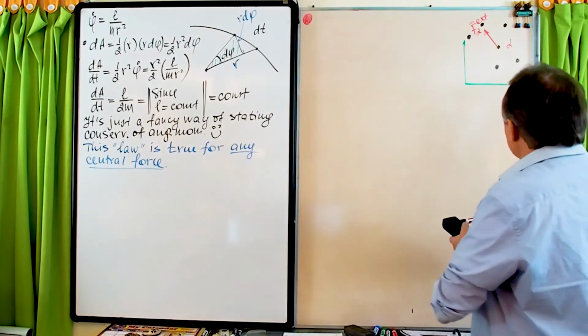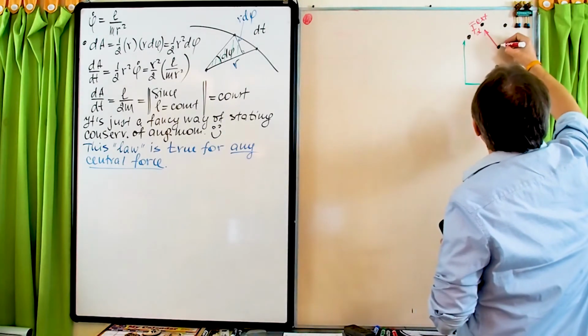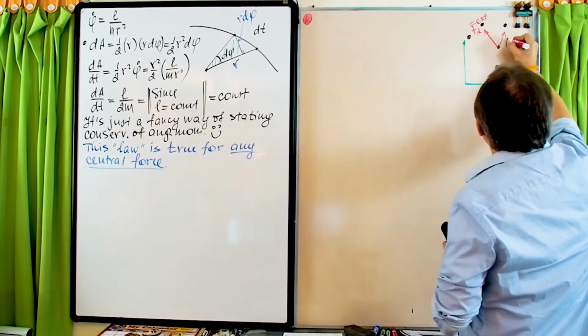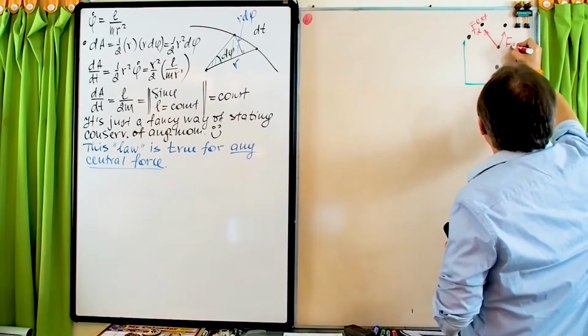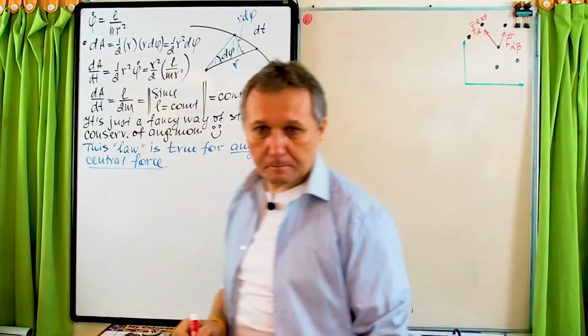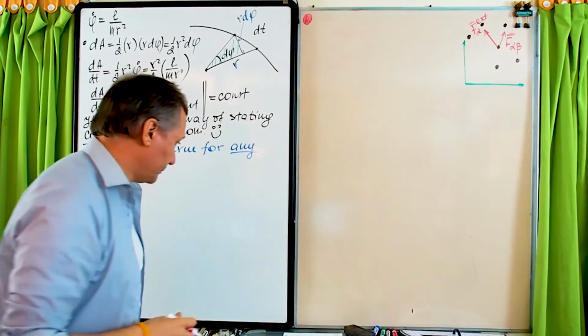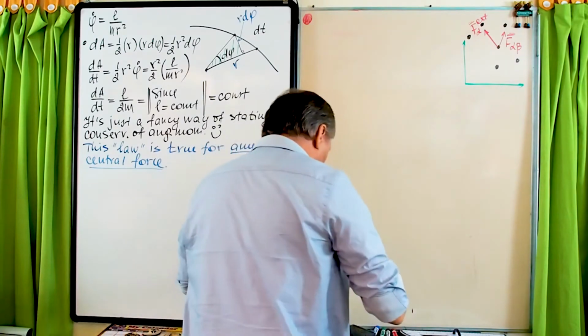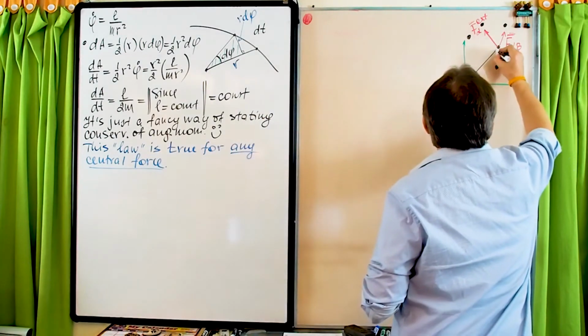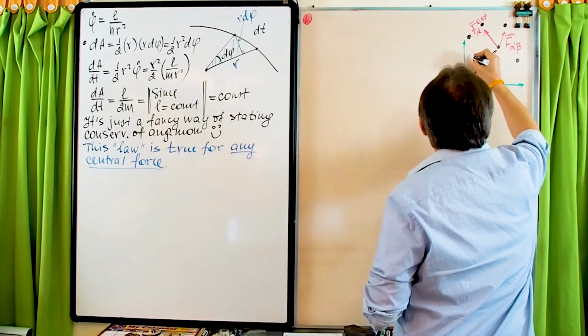Let's say it will be over there. It will be F on alpha from beta. And of course, the position vector, this, of course, R alpha.